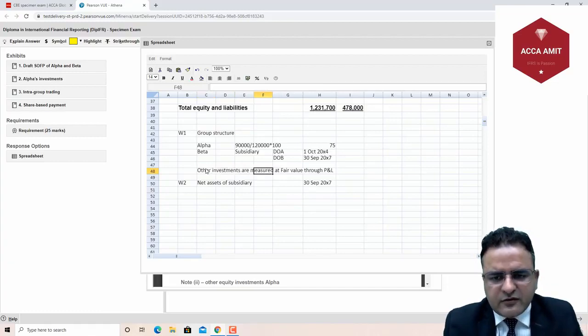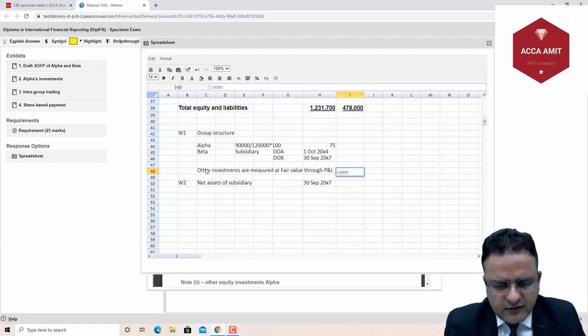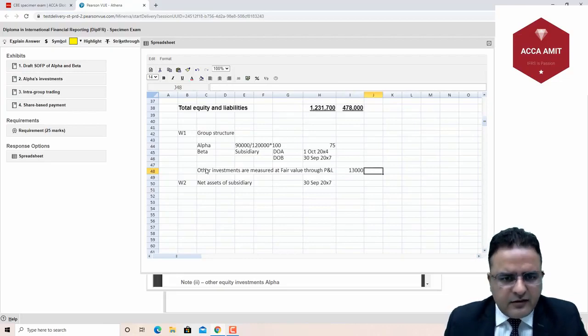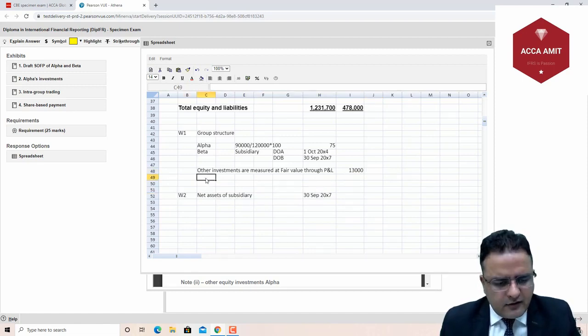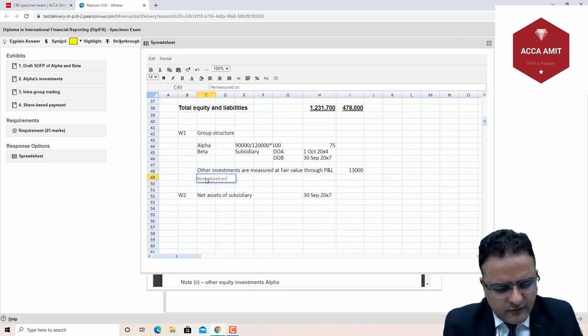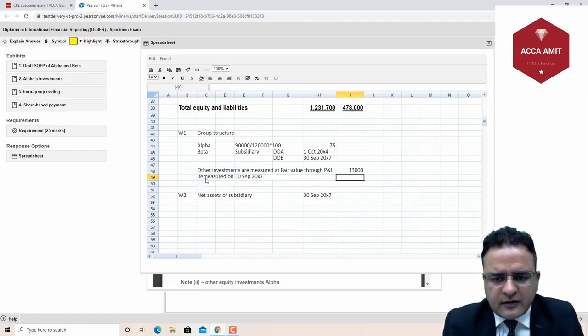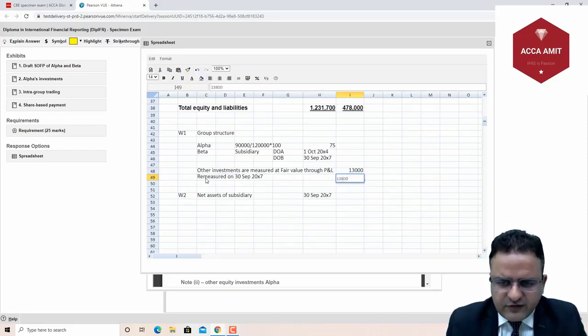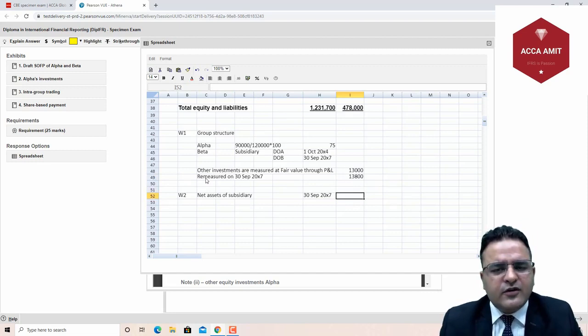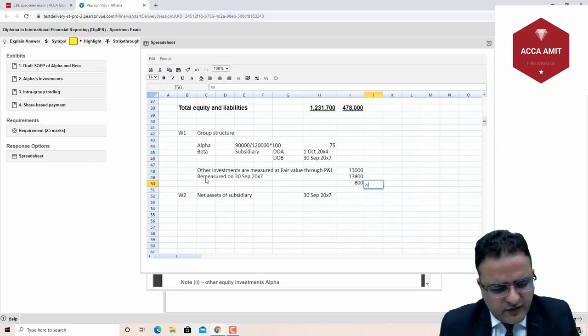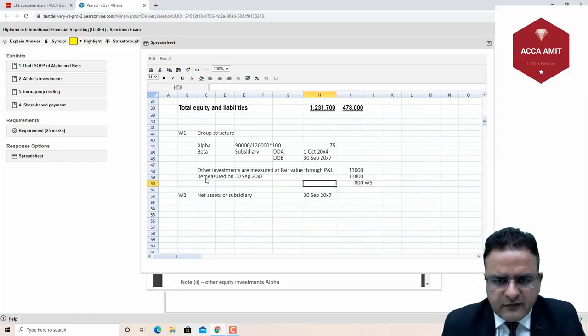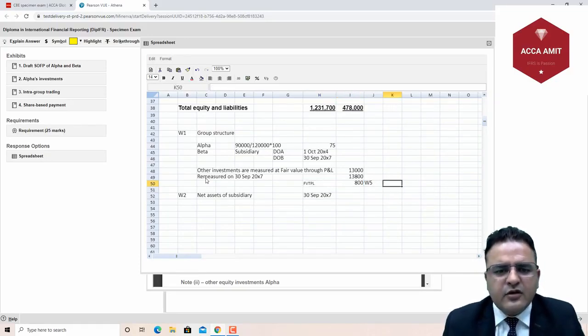They were valued at 13,000 and remeasured on 30th September 20x7 as 13,800. So this difference of 800 will be recorded as part of profit and loss account in working note number 5. So we'll be taking this difference of 800 as working note number 5 group retained earnings and will be recorded as FVTPL, fair value through P&L, in working note number 5.